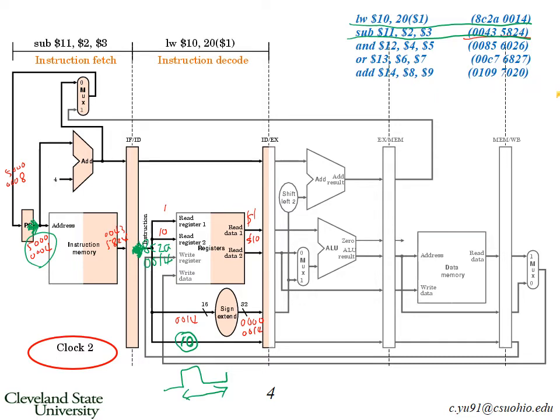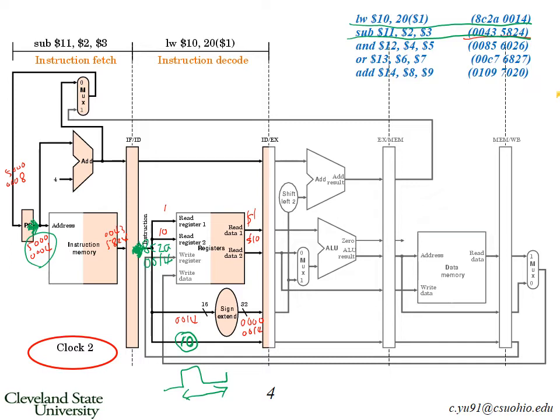So in the ID stage, the load word instruction is decoded. So RS is 1 and RT is 10, and the registers are being read. So the value of register 1 is produced, the value of register 10 is produced, and the 16-bit offset in this case is 0014. So that is extended to 32 bits.